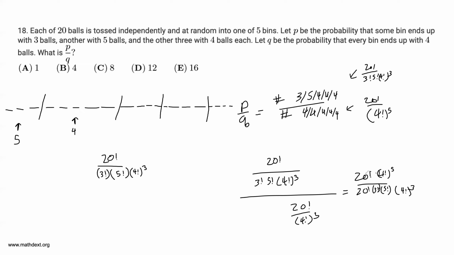And everything cancels out. Well, most of the things cancel out. This cancels out with that. And oh yeah, one thing we forgot was to multiply the numerator by 20 because there are 5 ways to choose the first one and 4 ways to choose the second one. So you had to multiply the numerator by 20.